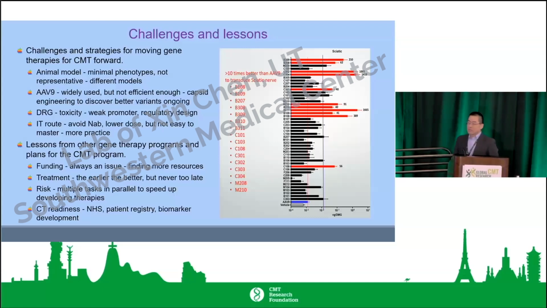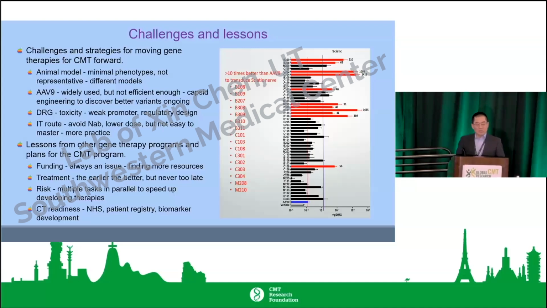For most of our study in CMT, the model is far from optimal or ideal. For example, we work on GAN disease, just like Dr. Bonham mentioned. We worked on CMT4A, and we worked on CMT4K, which is SERF1 syndrome.